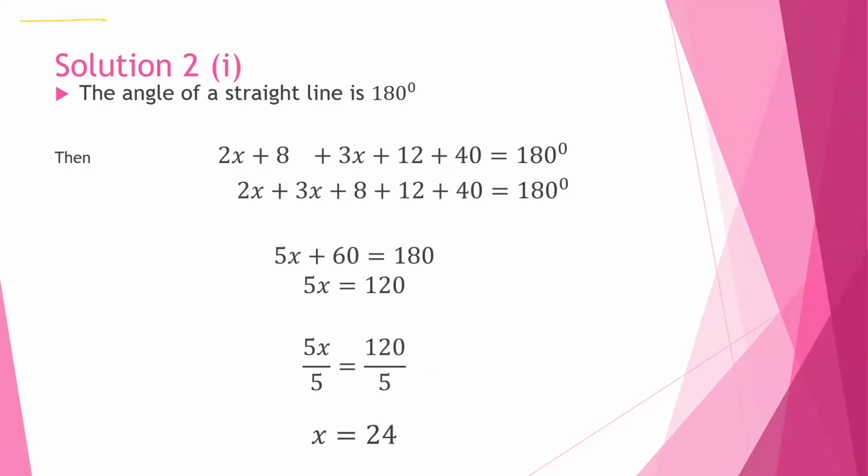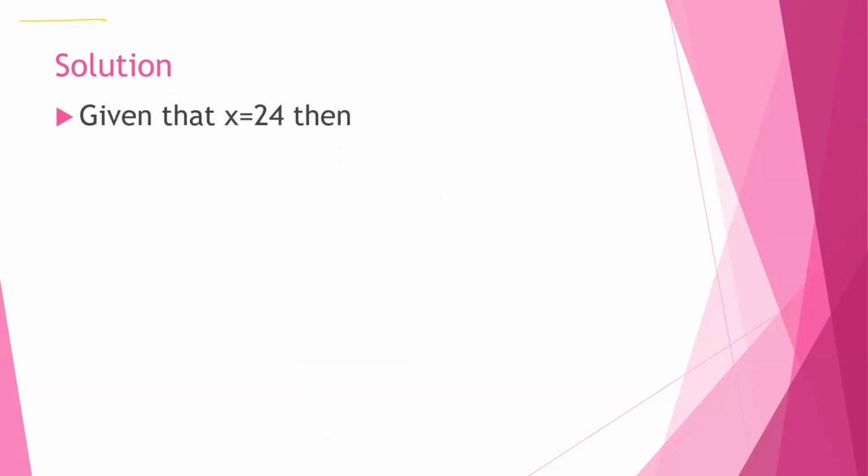So with the knowledge of knowing now that our x is equal to 24, you fix it into the equations of the angles. Then you'll be able to get your individual angles. So given that x is equal to 24, then angle QOS will be what? 2 times 24 plus 8. And that will give us 56 degrees. So angle QOS will be 56 degrees.